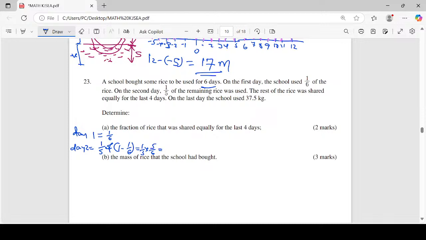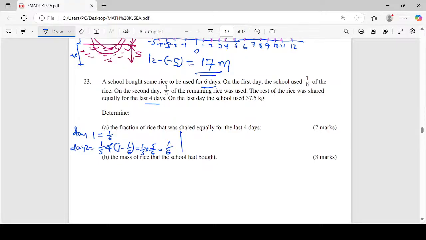So 1/5 times 5/6, I'm getting a sixth. This is what was used on day 2. Then what remained was shared equally for the last 4 days.